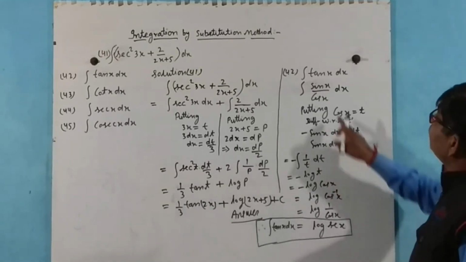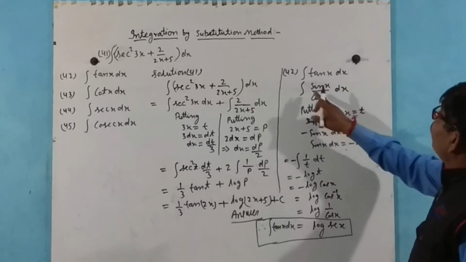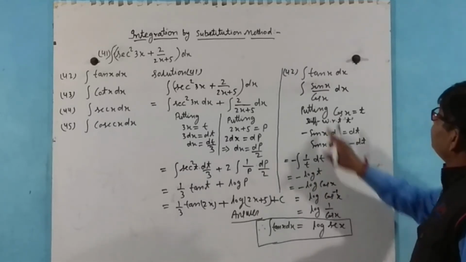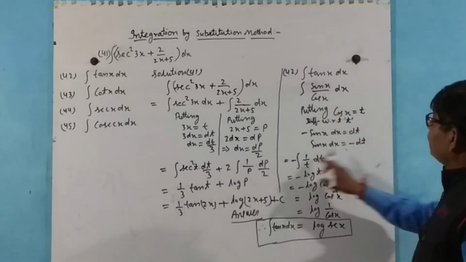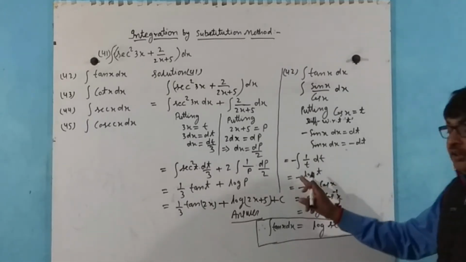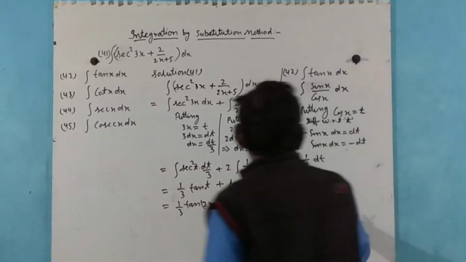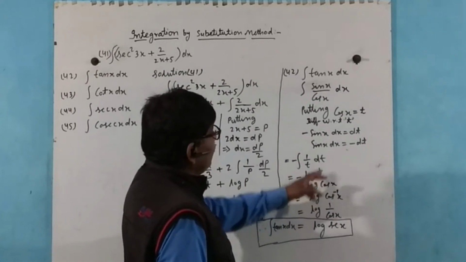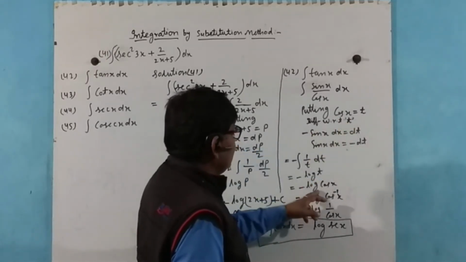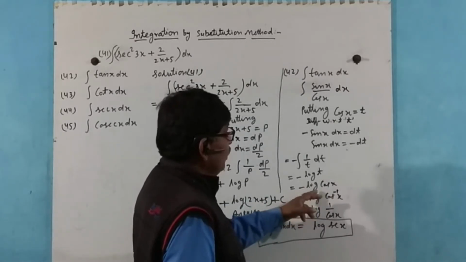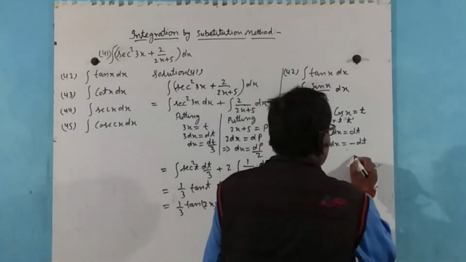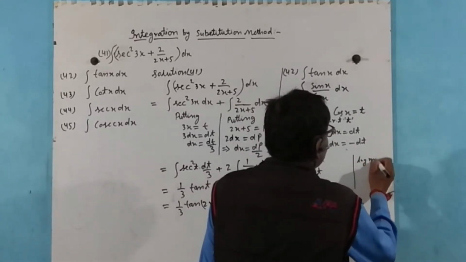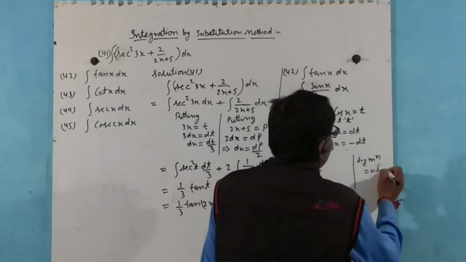Now putting this in the equation here, cos x is t, so 1 by t, and sin x dx equal to minus dt, minus comes out, so that integration of 1 by t dt is log t, and putting the value of t equal to cos x, minus log cos x. Now as you know that log m to the power n is equal to n log m.